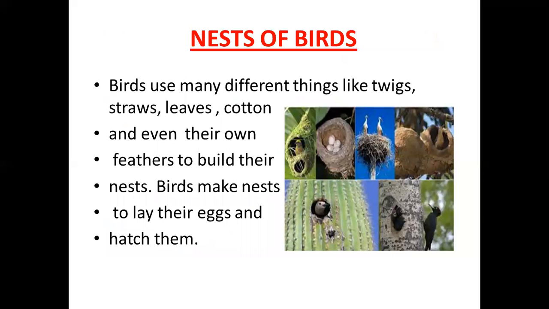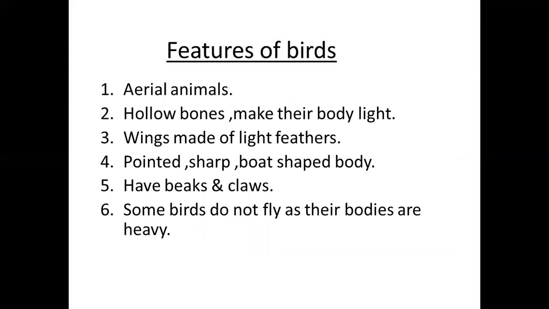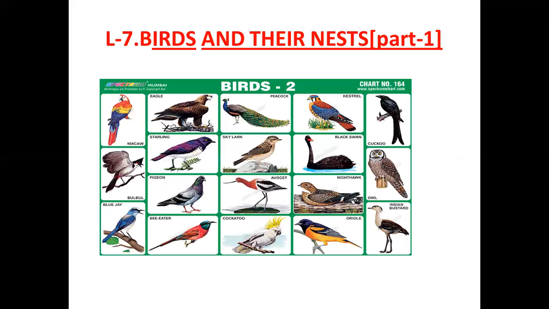See, in this picture, we can observe the nests of birds. All the nests are not alike. Different birds make different types of nests. Before going to learn about the nests of birds, let us learn about the uses of nest. Nest is a bird's home.